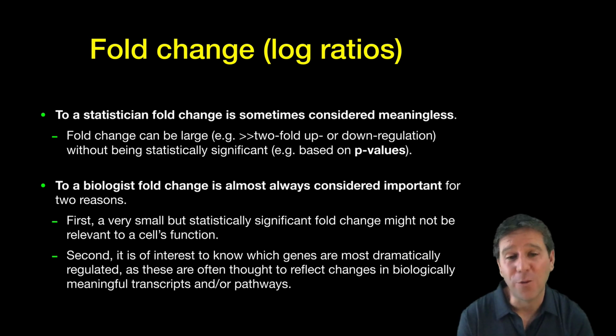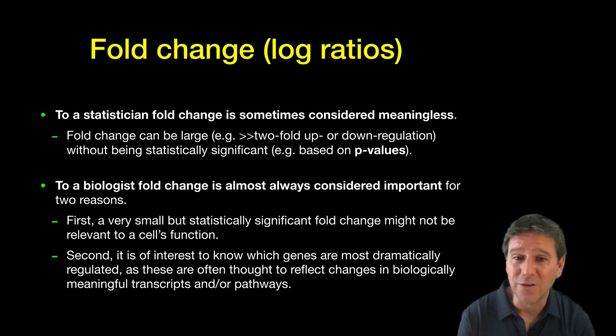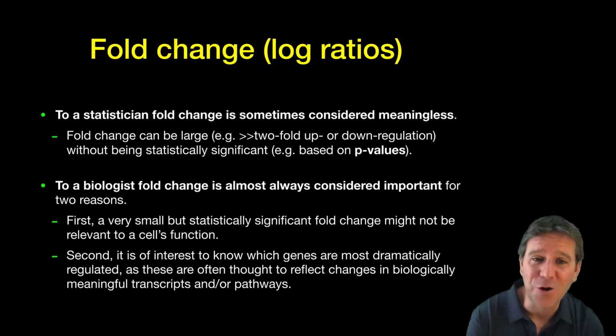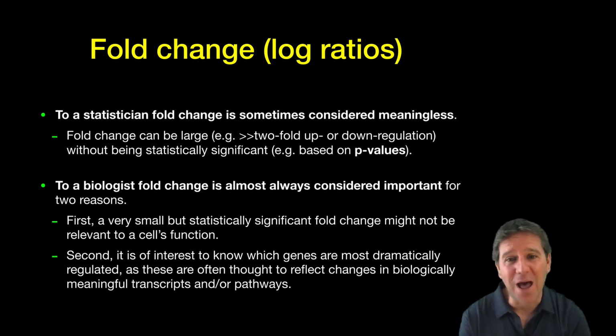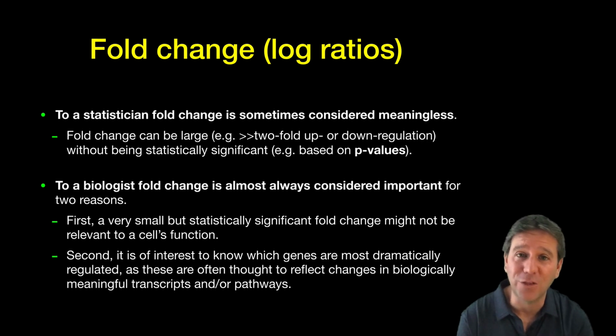And that small p-values for genes might not be relevant, right? They mightn't be relevant in terms of the biology. As biologists, regardless of whether that p-value is really, really small, indicating a very significant change, we're nearly always interested to know which genes are most dramatically regulated, as these are often thought to be reflections of changes in biologically meaningful transcripts or pathways.